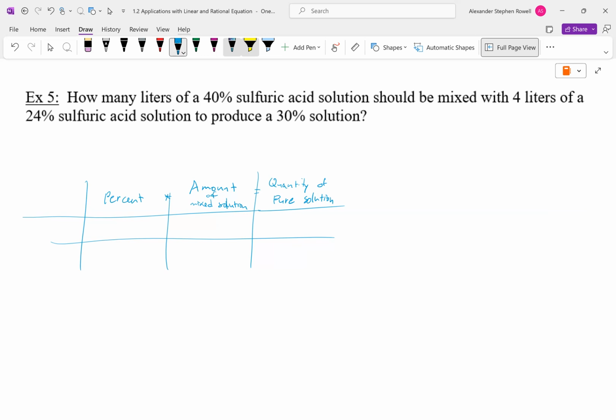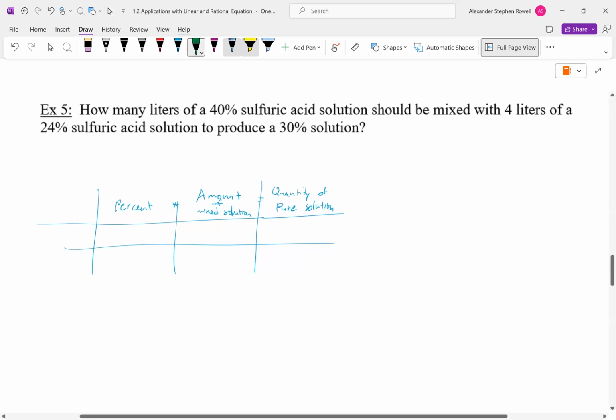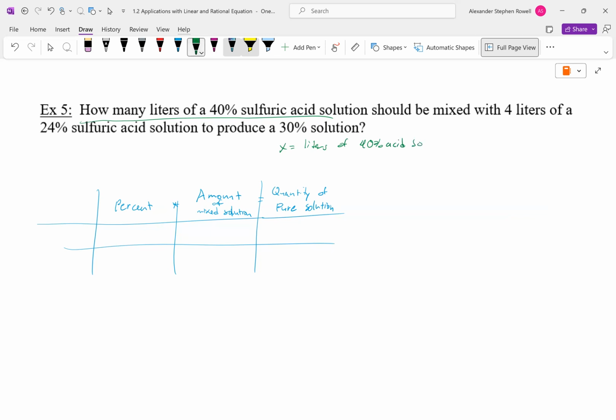Okay, so what's the question asking for? I should label my variable. How many liters of 40% solution? X equals liters of 40% acid solution.